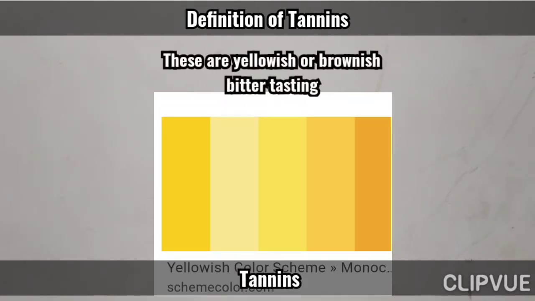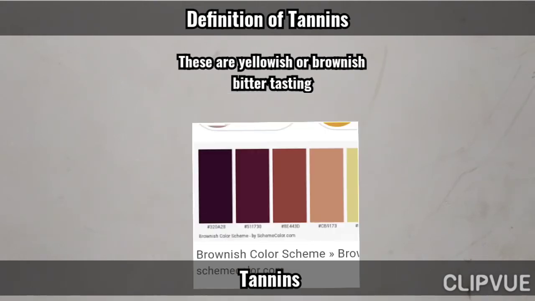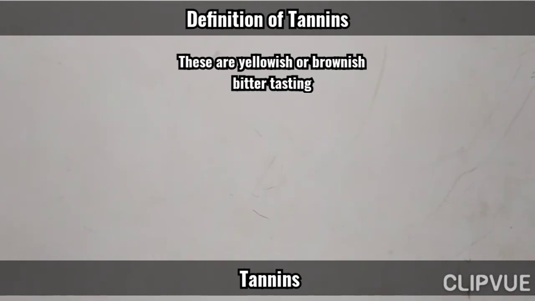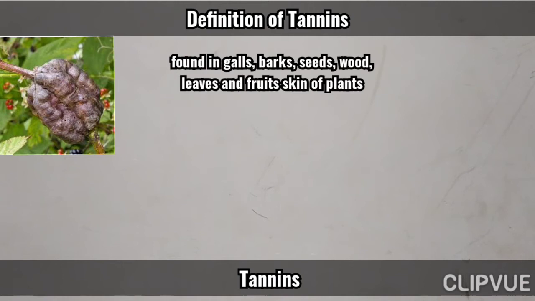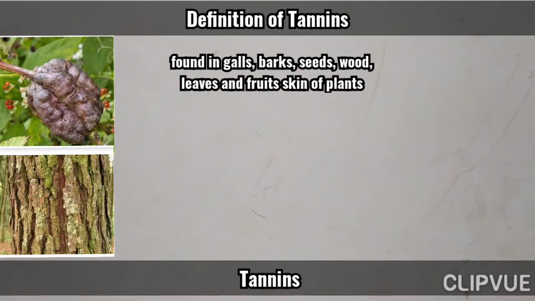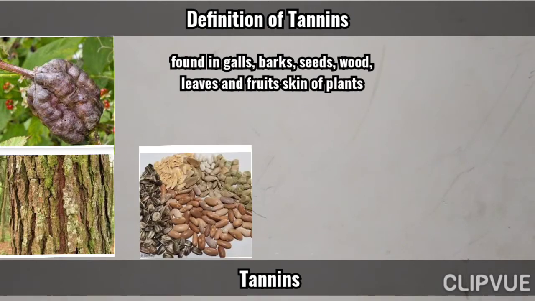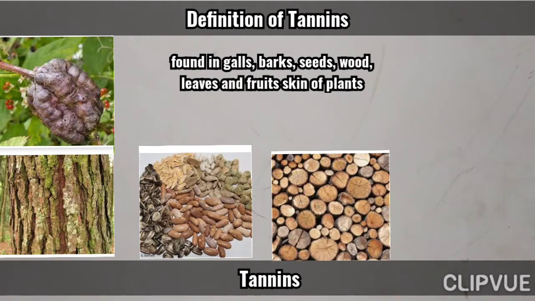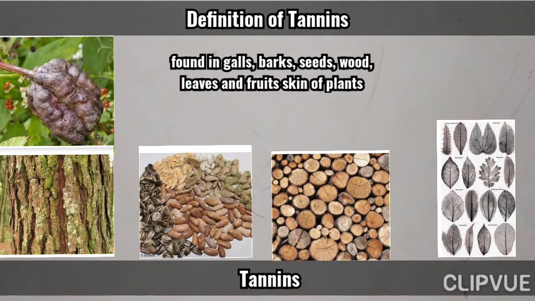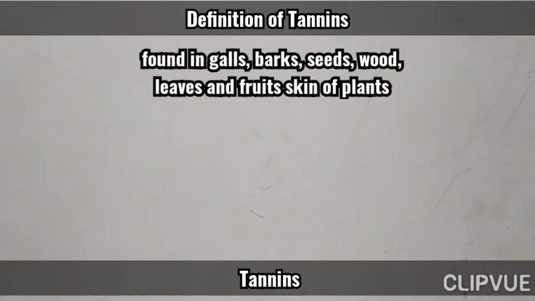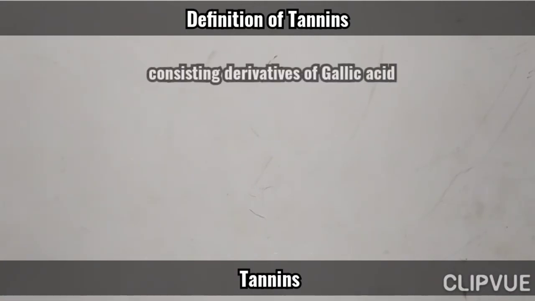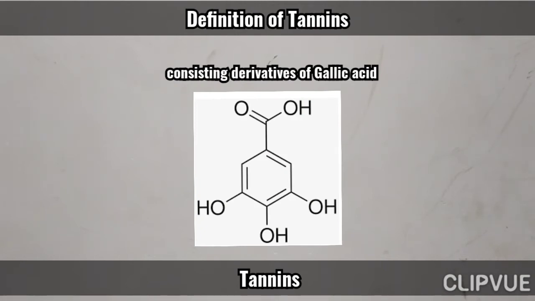These are yellowish or brownish, bitter-tasting, found in galls, barks, seeds, wood, leaves, and fruit skin of some plants, consisting of derivatives of gallic acid.